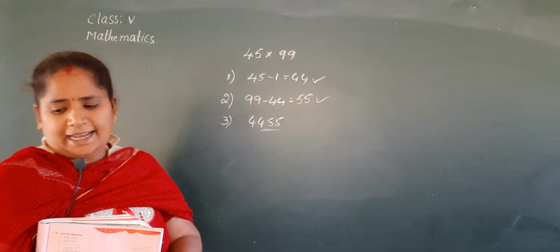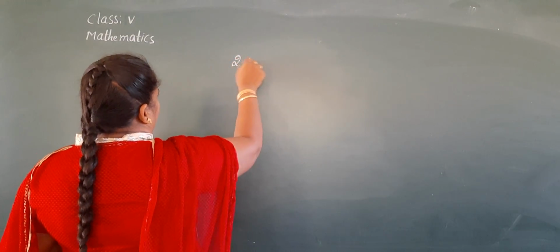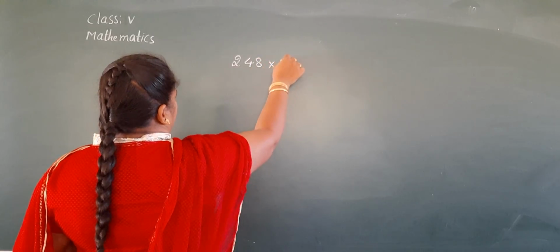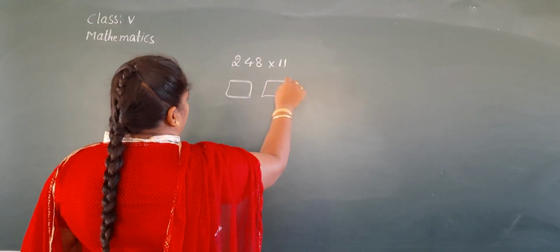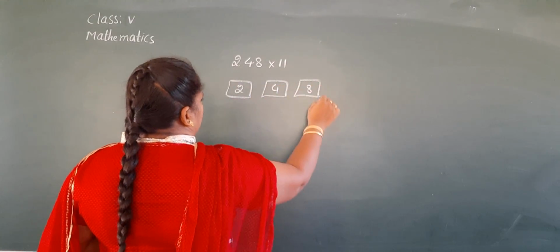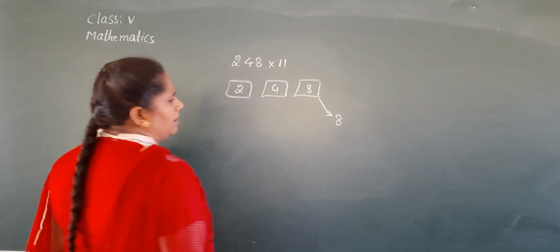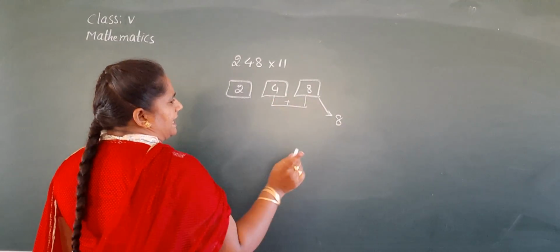And multiplication by 11. 248 is multiplied by 11. Now you have to write these 3 digits in 3 boxes. Now keep this as a ones place. Okay ma? Now you have to add these numbers. 4 plus 8, 12.